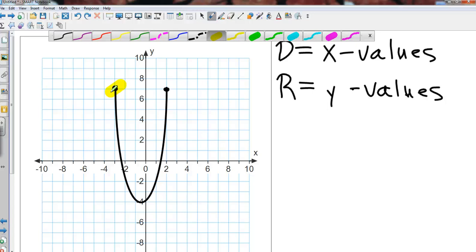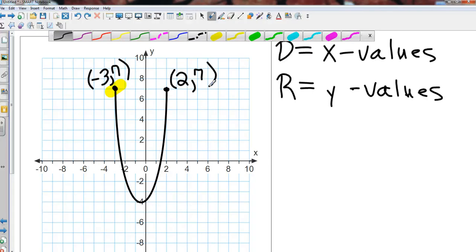All right, so if I were to write that out, this is actually negative 3, 7. Okay, so I've gone as far left as I can. Let's go as far right as I can. What's my far right x value? Positive 2, right? And this is actually 2, 7. So my x values go somewhere from negative 3 to 2.